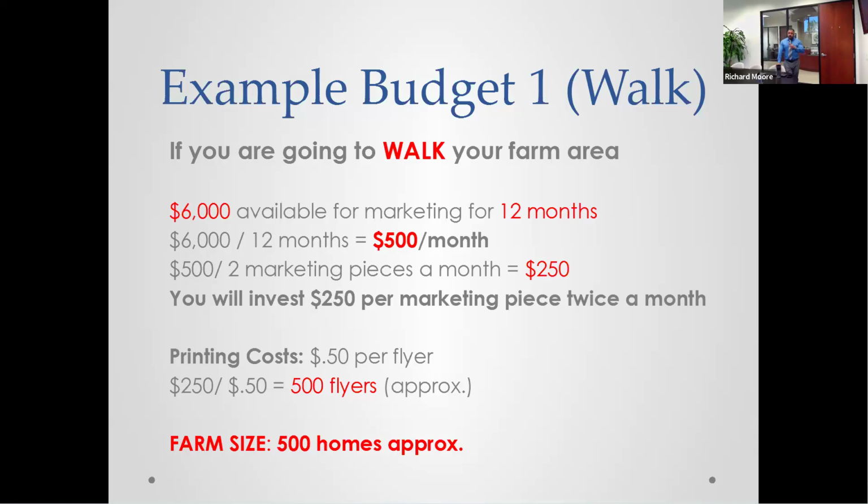If I'm going to walk my farm twice a month, each marketing piece is going to cost me $250. So I have $250 divided by printing costs. Let's say the flyers cost me 50 cents a piece. That means I can hit 500 homes based on that $250. I can hit 500 homes twice a month. Make sense? Okay.